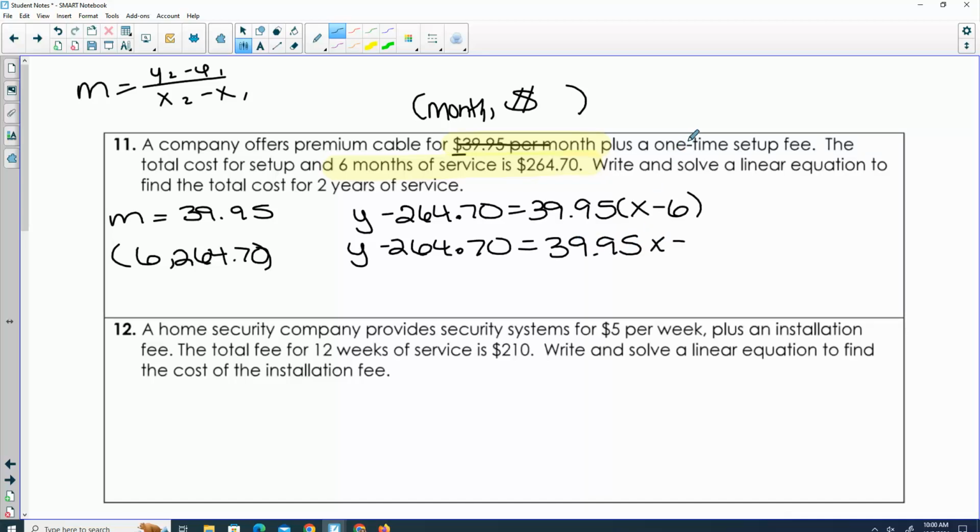Okay, so we distribute the $39.95. Add over your $264.70.